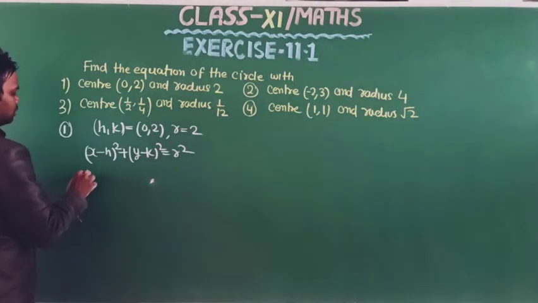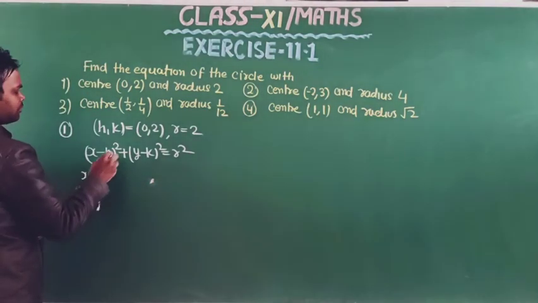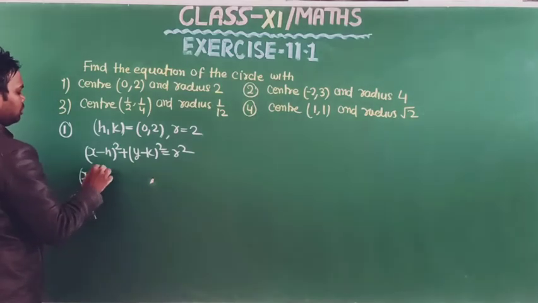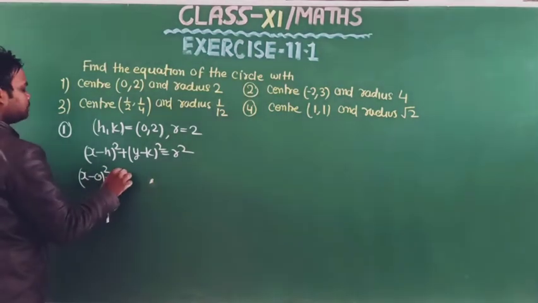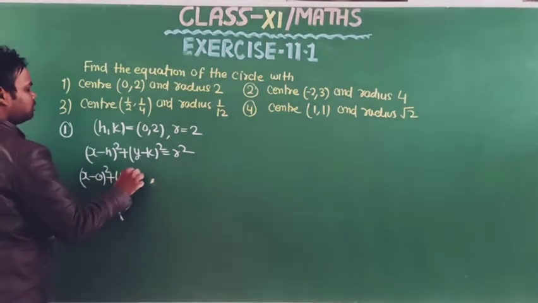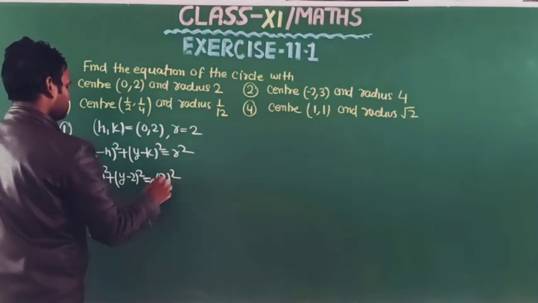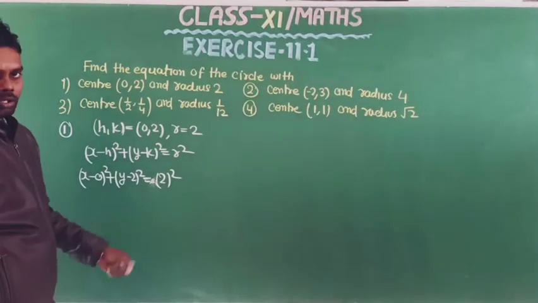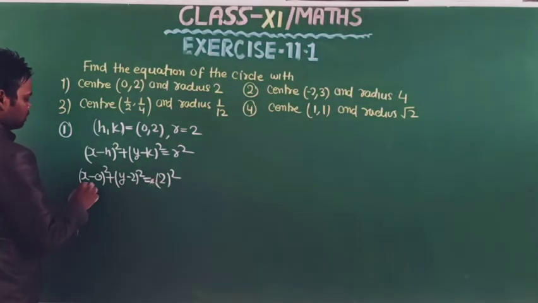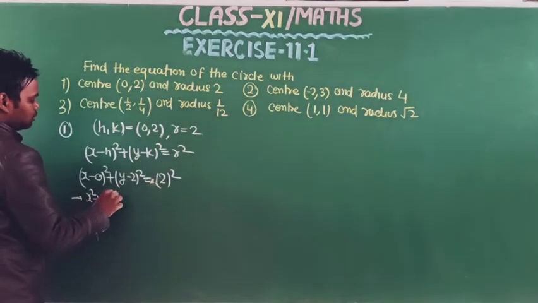So this is (x minus 0) whole square plus (y minus 2) whole square equal to radius is 2, so 2 whole square.